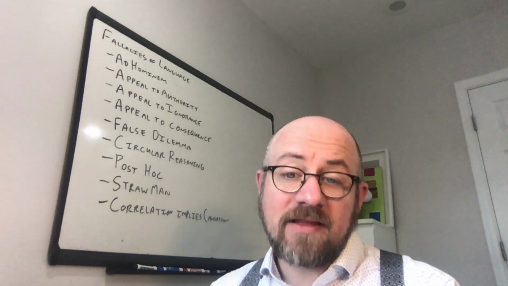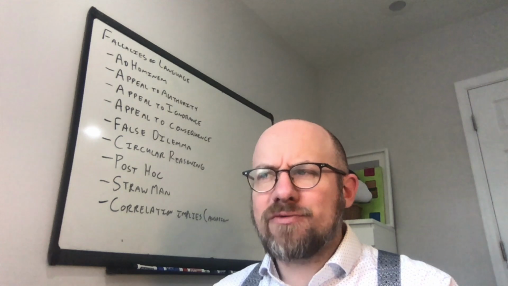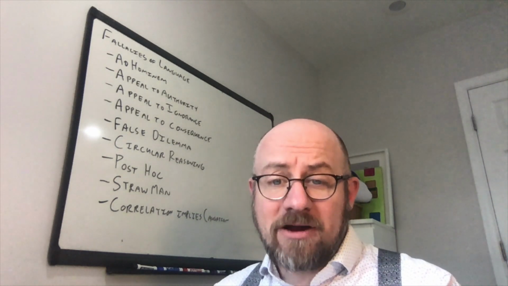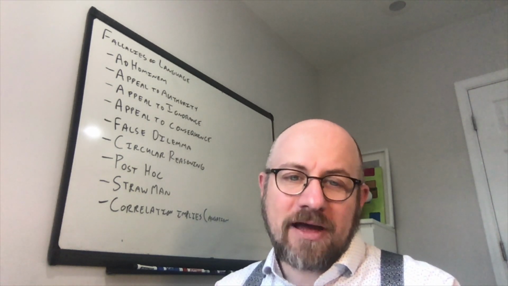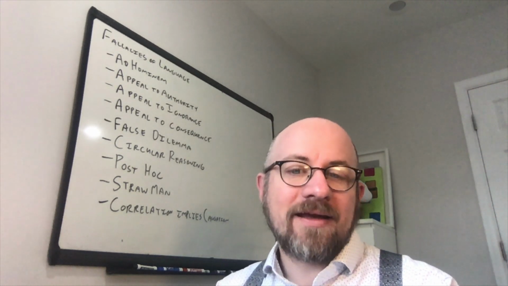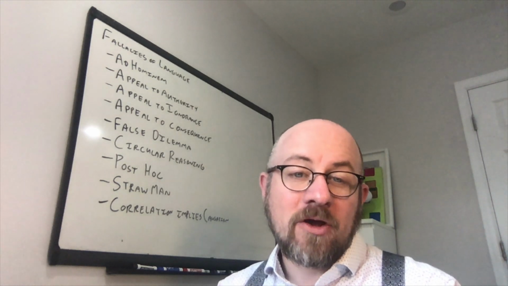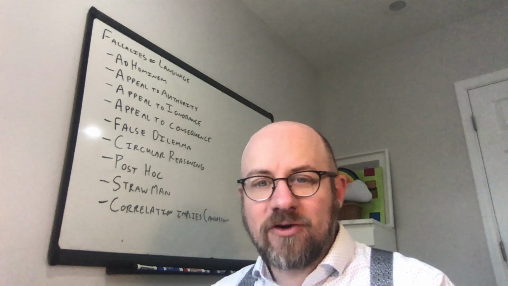Conspiracy theories, a lot of times, are appeals to ignorance. So, somebody will say like, you can't prove that aliens didn't build the pyramids, so aliens built the pyramids, right? And they're not actually logically convincing you of why they think that aliens built the pyramids. They're just saying, because you can't prove that it's not, it must be true, right?